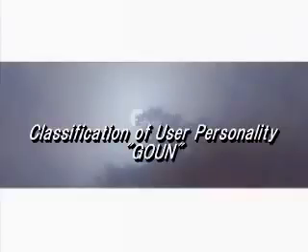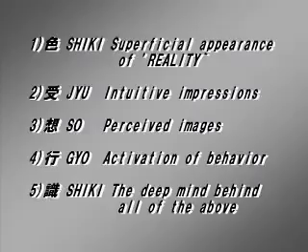Go-un are the elements at the core of the Buddhist thought, in which 5 basic physical and mental elements make up the world. In this interactive system, we apply these elements in the classification of personality. 1. Shiki. Superficial appearance of the so-called reality. 2. Ju.